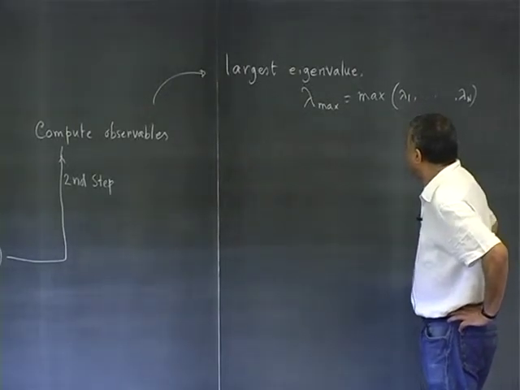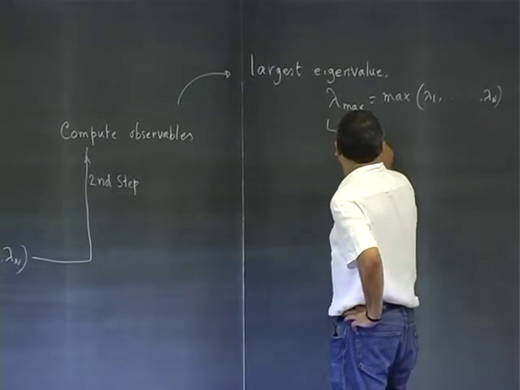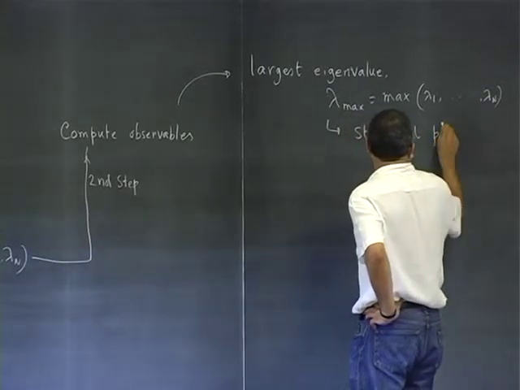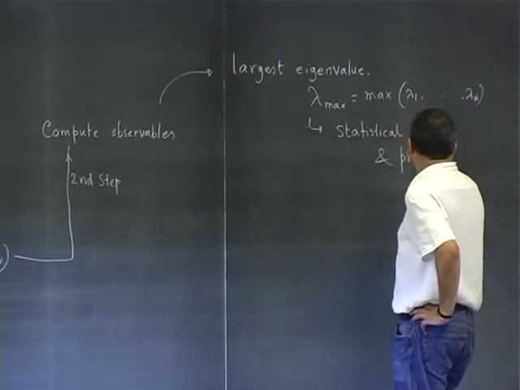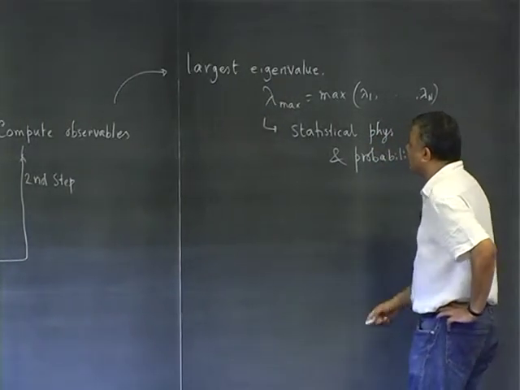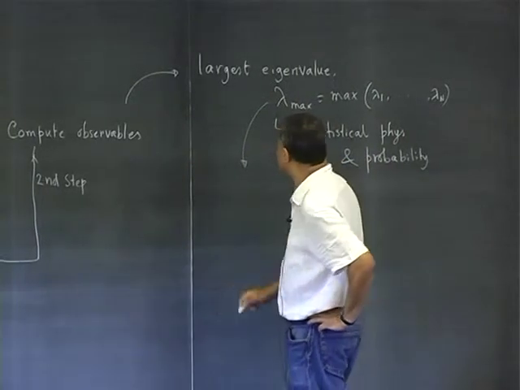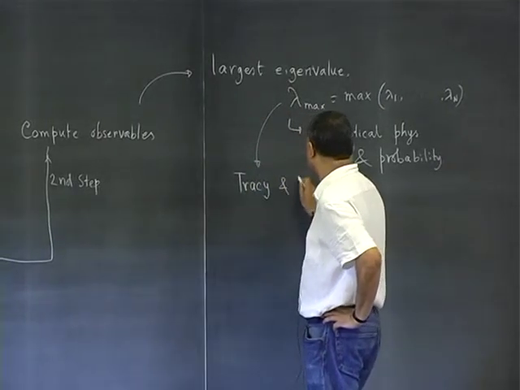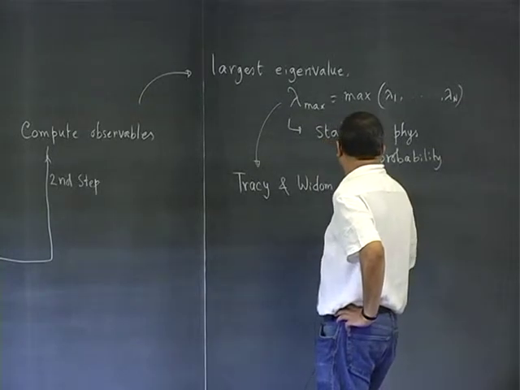And so there is almost a kind of revolution in both statistical physics as well as in probability theory over the last 10 to 20 years, where the distribution of this lambda max was calculated for Gaussian random matrices by two mathematicians called Tracy and Widom in 1994.